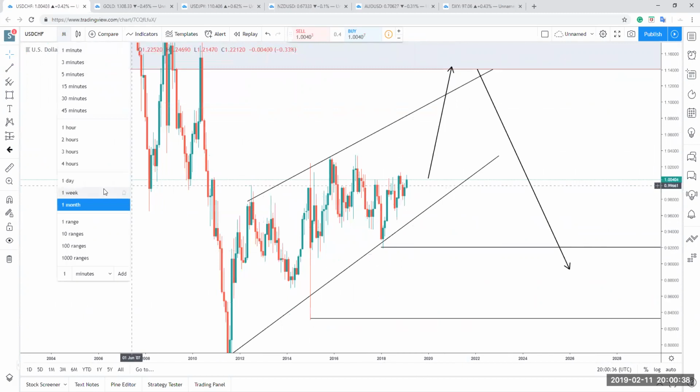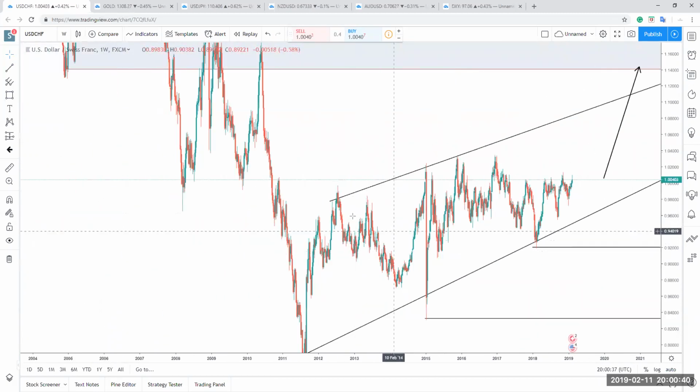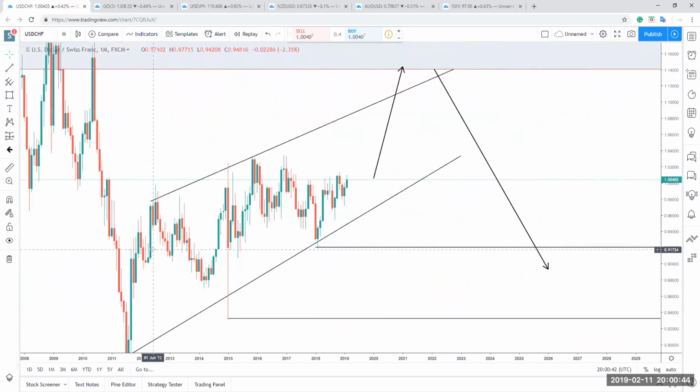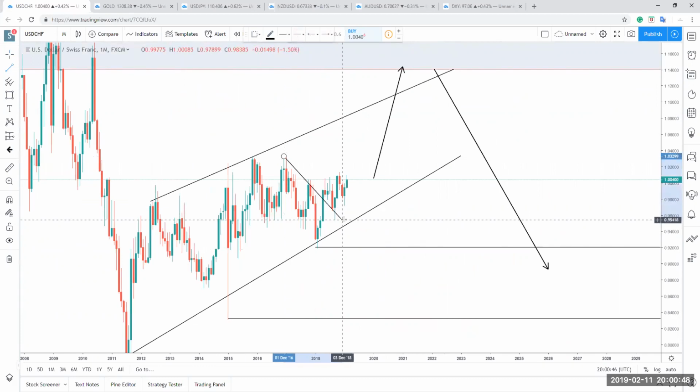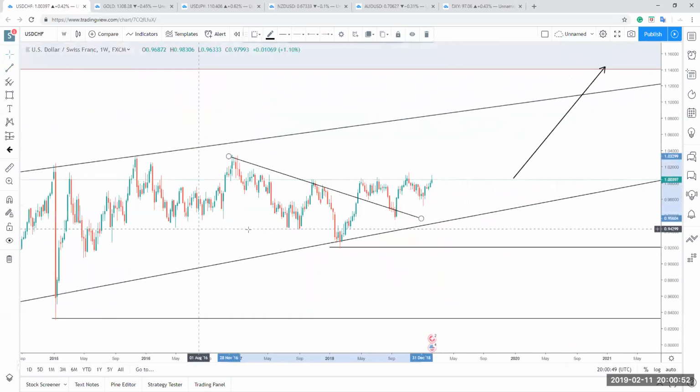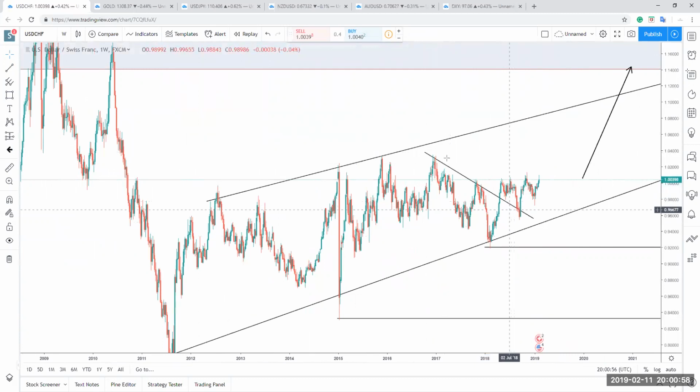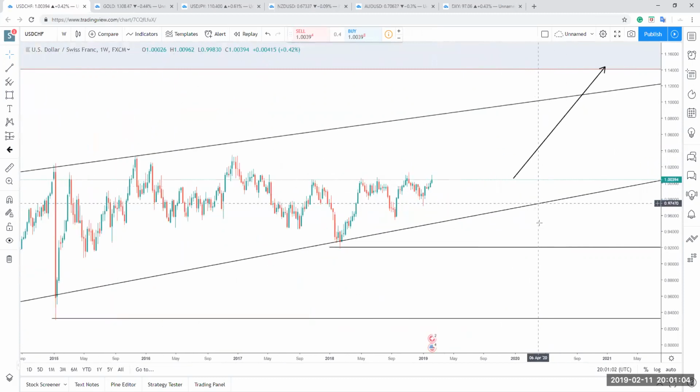We'll go to the weekly time frame. Actually, let's see something on the monthly time frame. All right. Yeah, so I would say that is a retest, but that's irrelevant to us now. But it gives us confirmation.